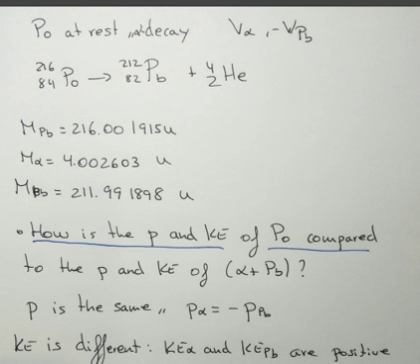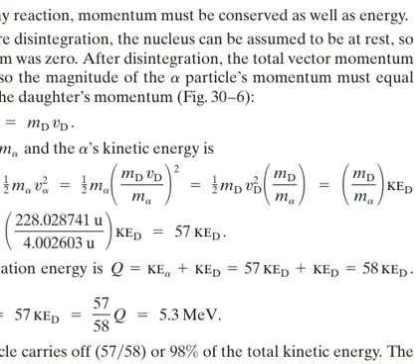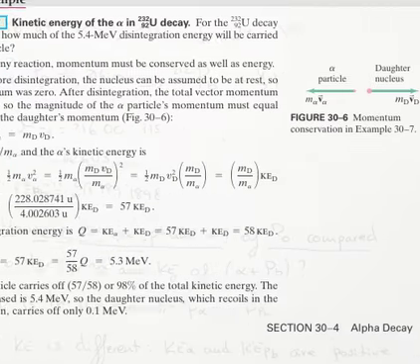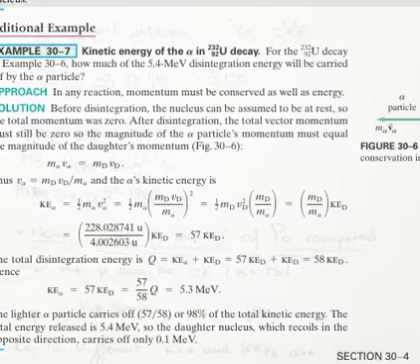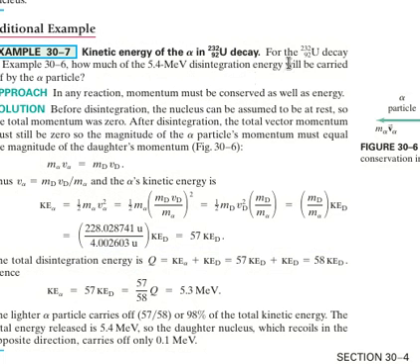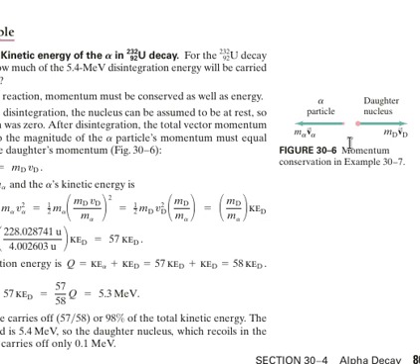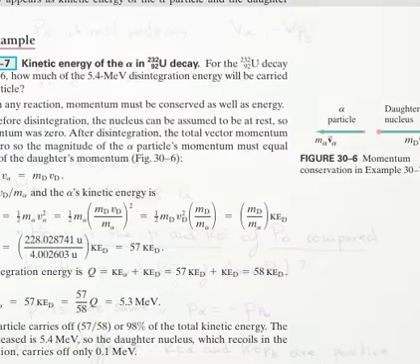Well, you can see this in the book. They have something more interesting about this example, 30.7 on page 165. This is the uranium decay, and they also have an alpha particle, so they have the same linear momentum with opposite sign.